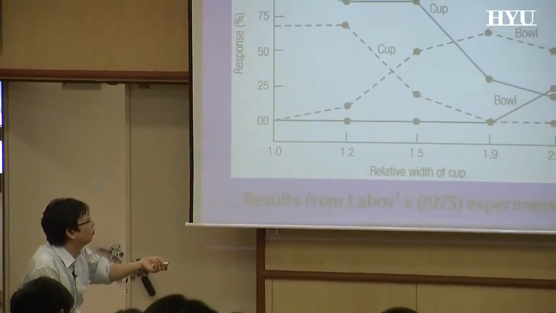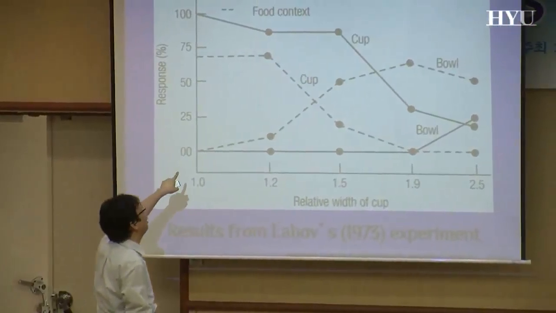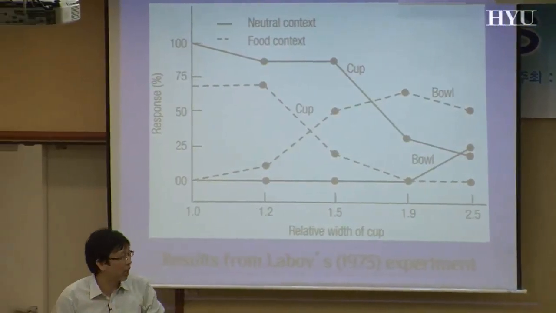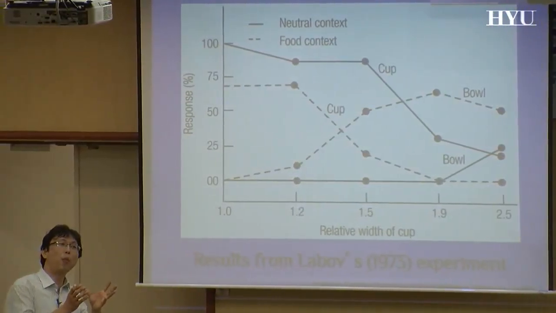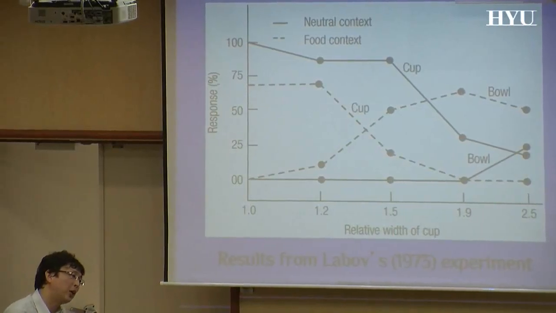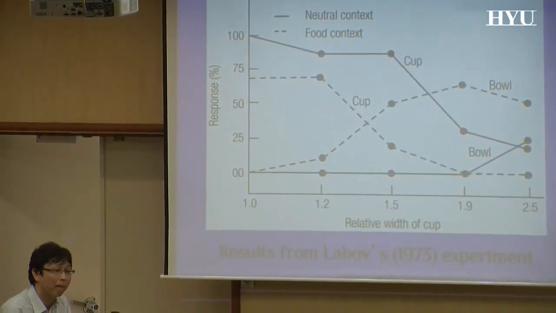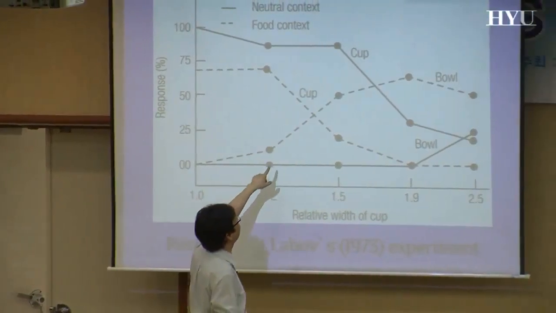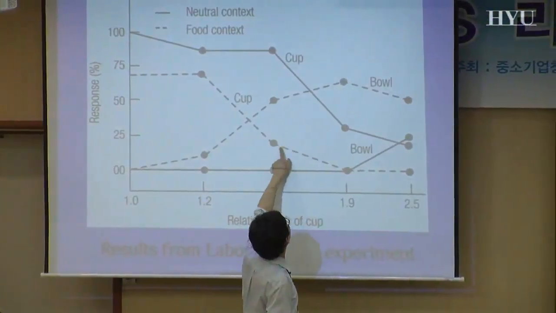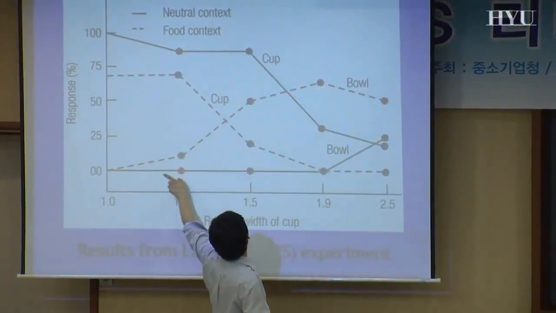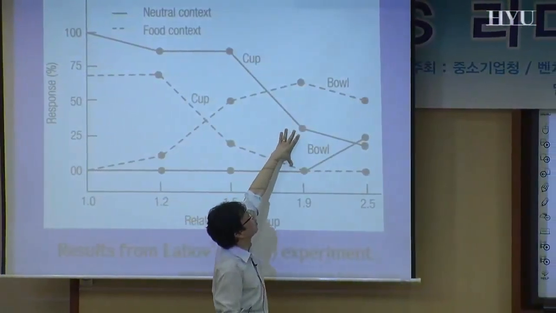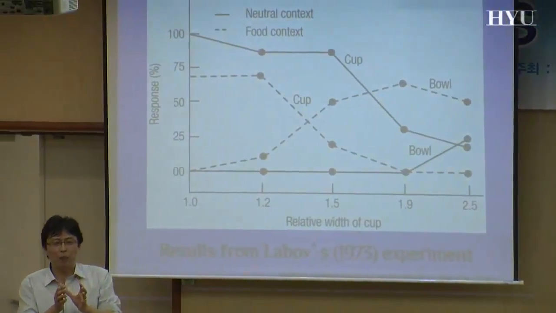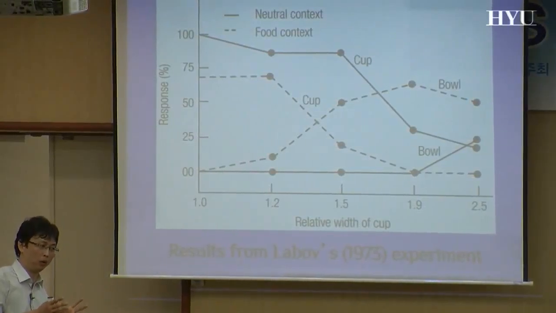But this dashed line is another piece of information. Say if the cup holds some liquid, like coffee or water, many people still believe that is a cup. But if some food is in the cup, many people will say that is a bowl.